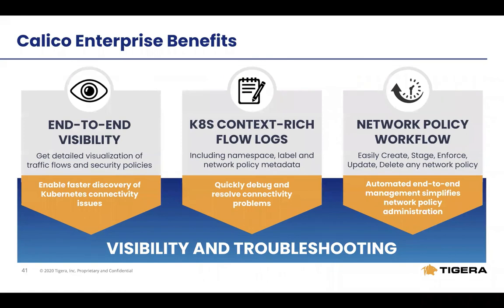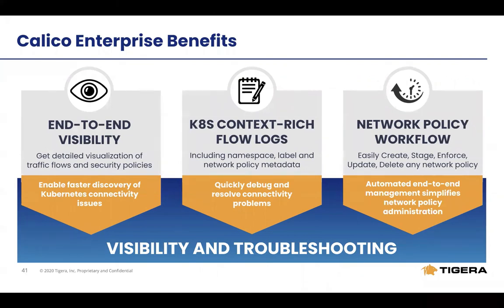So those are the key Calico Enterprise benefits. As I mentioned, especially when it comes to visibility and troubleshooting, you have end-to-end visibility into your network across your EKS clusters.